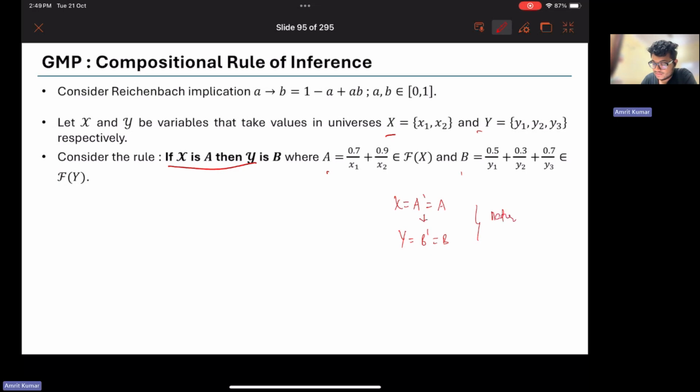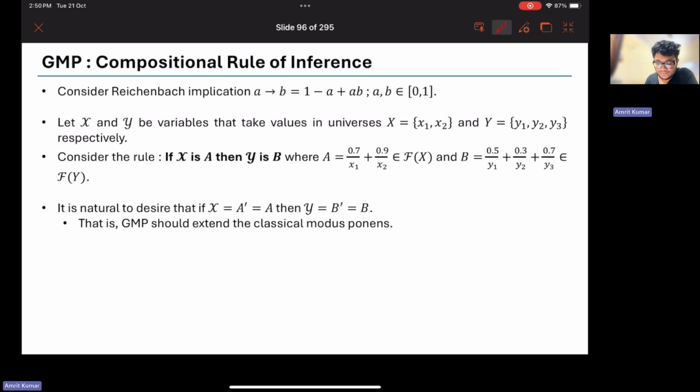Natural to expect. Because this is what the given fuzzy if-then rule, if X is A, then Y is B, tells us. From looking at this rule, it is natural to expect that if our input fuzzy set A dash is A itself, then the output fuzzy set B dash should be B, right?